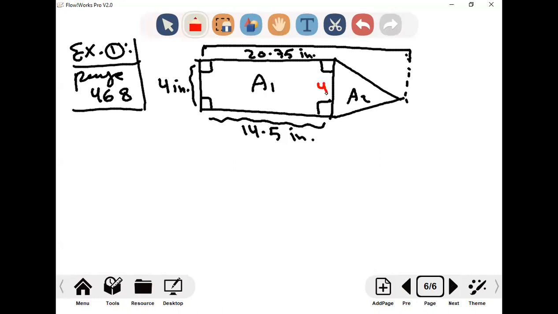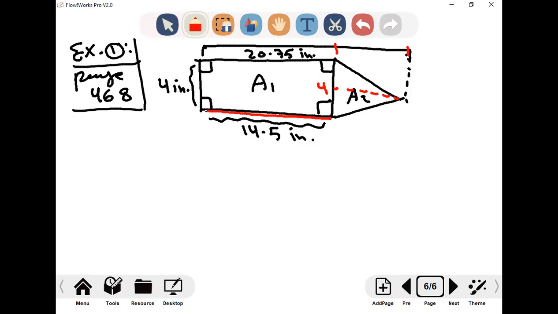This is 4 also. Okay? So the base of the triangle, how much? 4. I want the height. This is the height, from here to here, right? Same distance as this. The whole of it, how much? 20.75. Cut this.